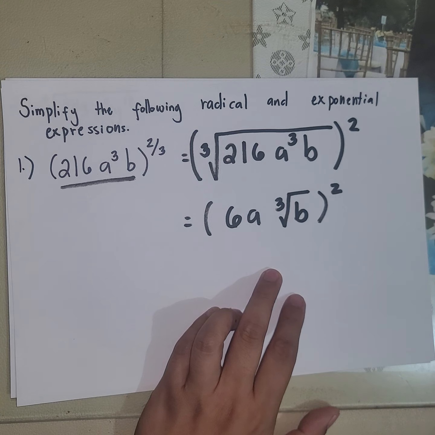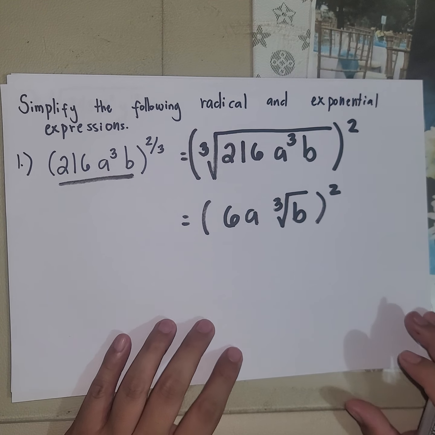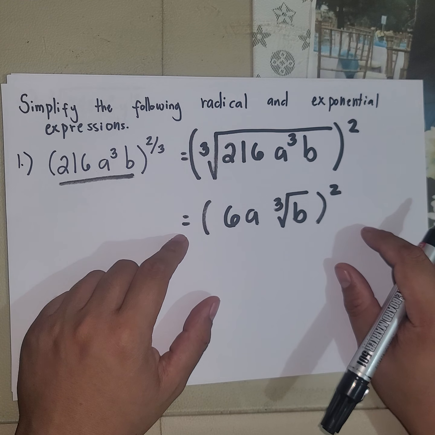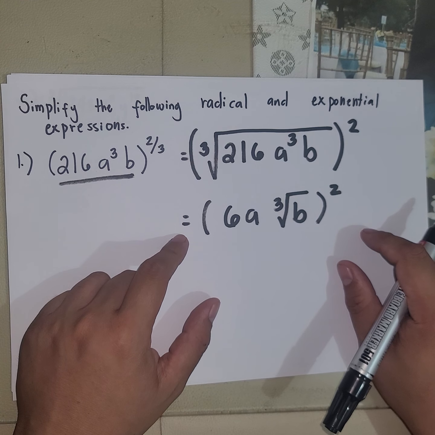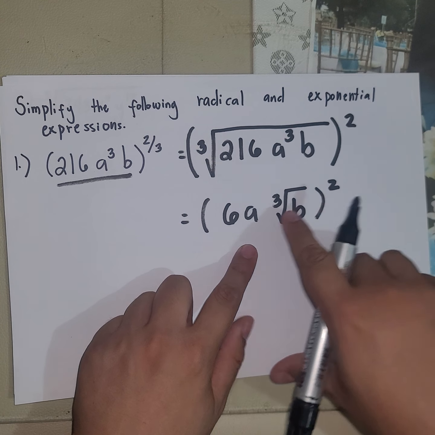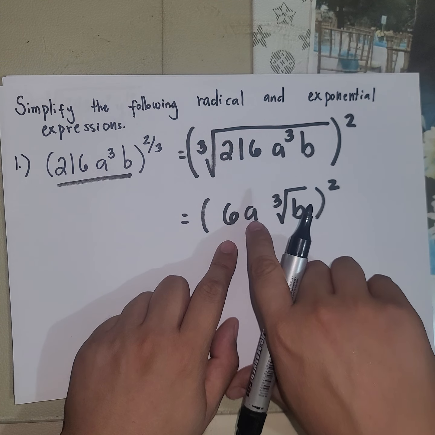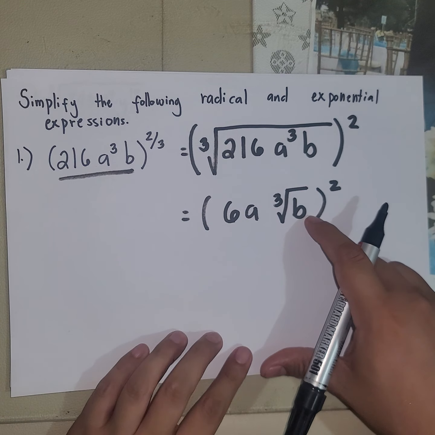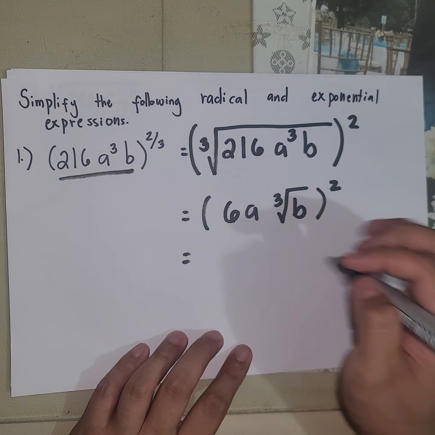Next. In here, we are going to apply the power of a power rule. Kung saan, yung 2, i-distribute natin dito sa 6 and a, tsaka yung cube root of b. Madali lang yan. Distribute natin.